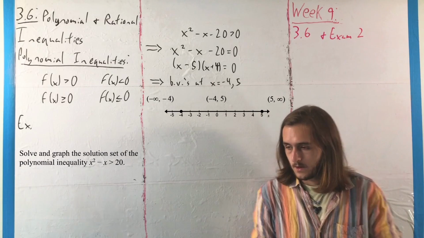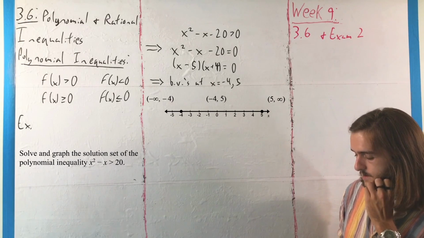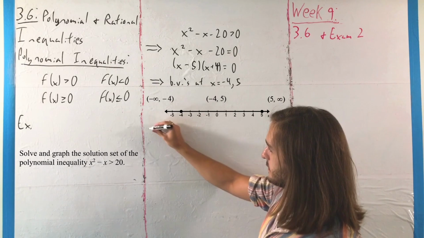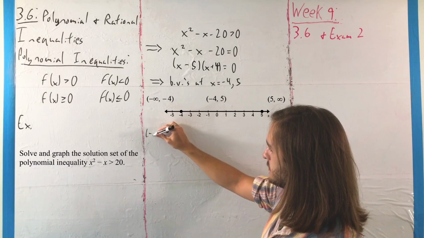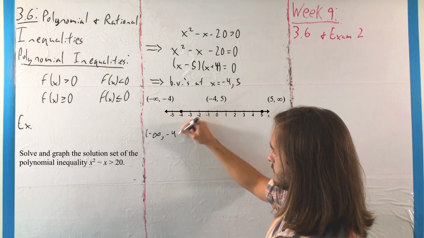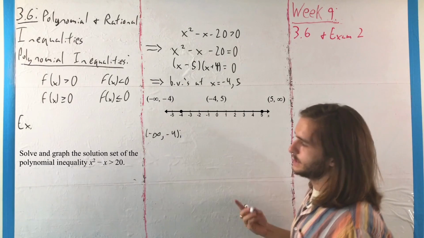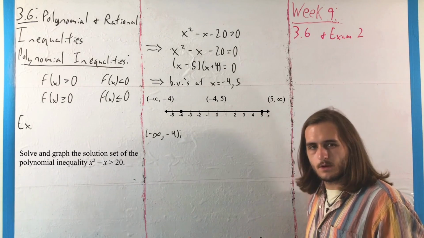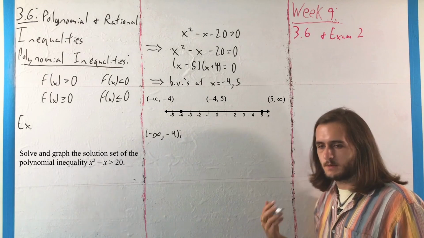And for our first interval, which is from negative infinity to negative 4, you can pick any value you want to. I usually pick the ones that are pretty close to the most manageable end.